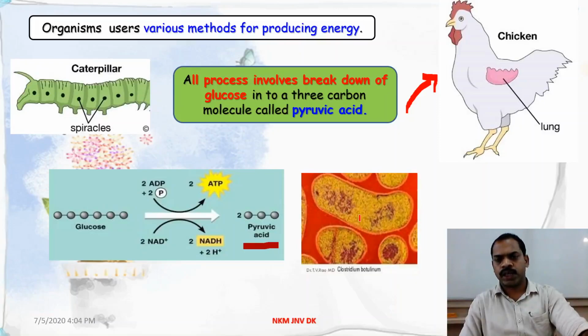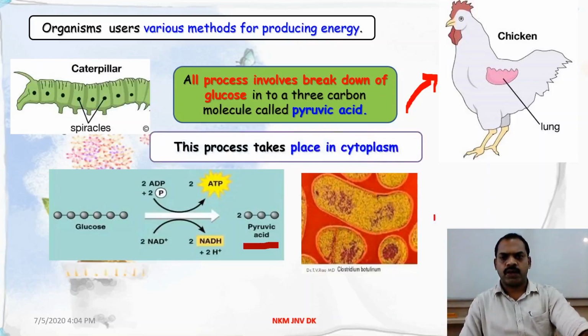What is shown here is Clostridium botulinum, the microbe responsible for botulin production, a poisonous material, and food poisoning. That is Clostridium botulinum, an anaerobic example. So which process is this?